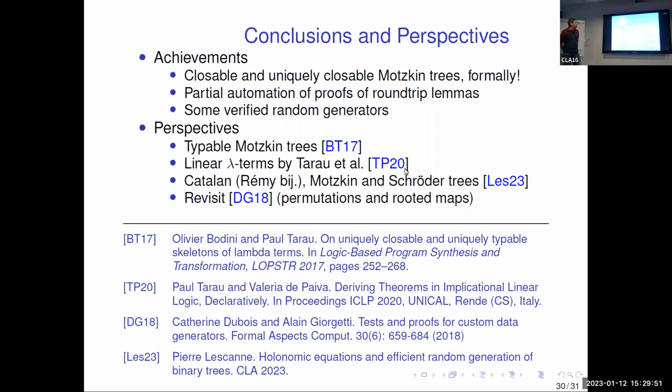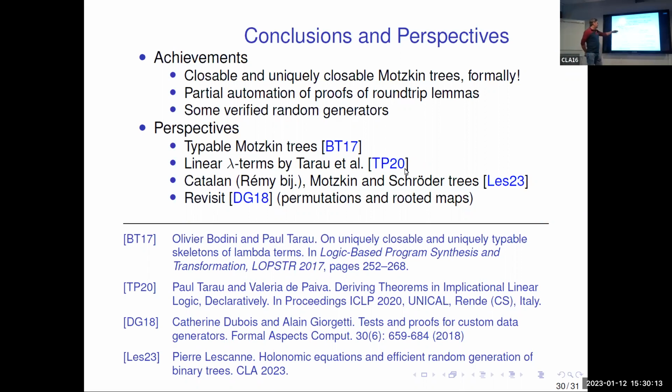About the perspectives, we want to extend this work with, for instance, typeable Motzkin trees, which is dealt with by Bodini and Tarot in their article, and that we do not handle yet. Linear lambda terms could be another interesting example to check whether our framework scales properly.